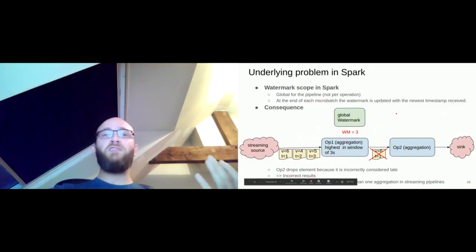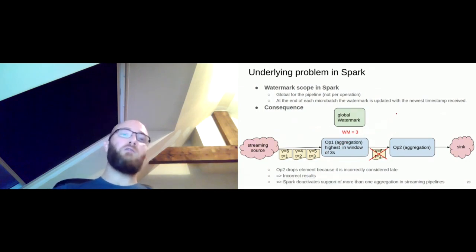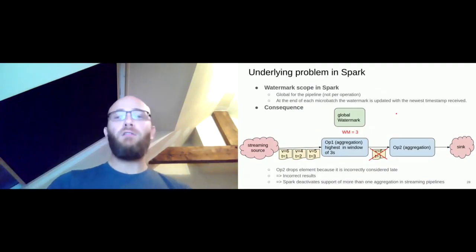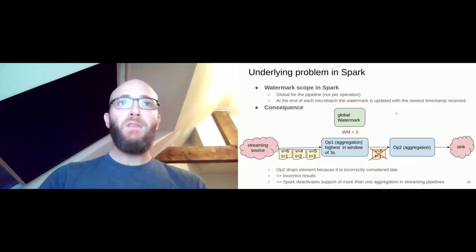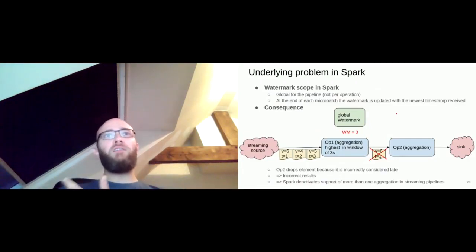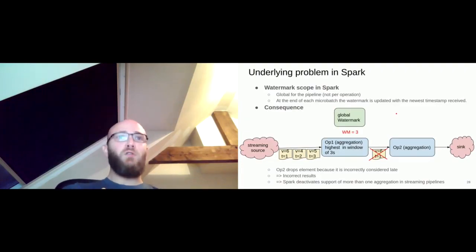So then it will be dropped, and this will lead to incorrect results. So as a consequence, to avoid incorrect results, the Spark project deactivated the support of more than one aggregation in a streaming pipeline with this structured streaming framework. A possible solution that we discussed with the Spark community is to replace this global watermark by watermarks per transform.